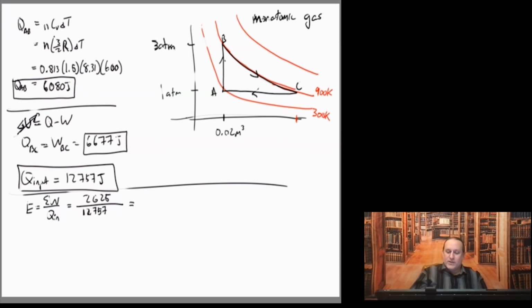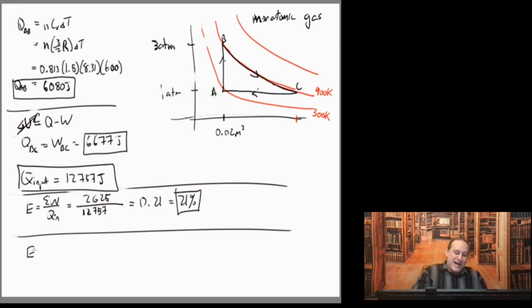That's 0.21. It's 21% efficiency. And compare that with the maximum efficiency given by the Carnot efficiency, 1 minus Tc over Th.